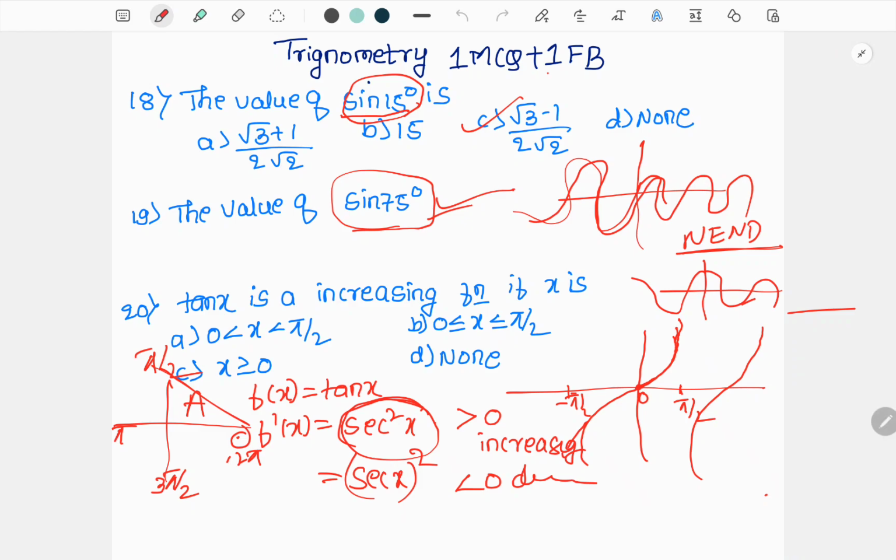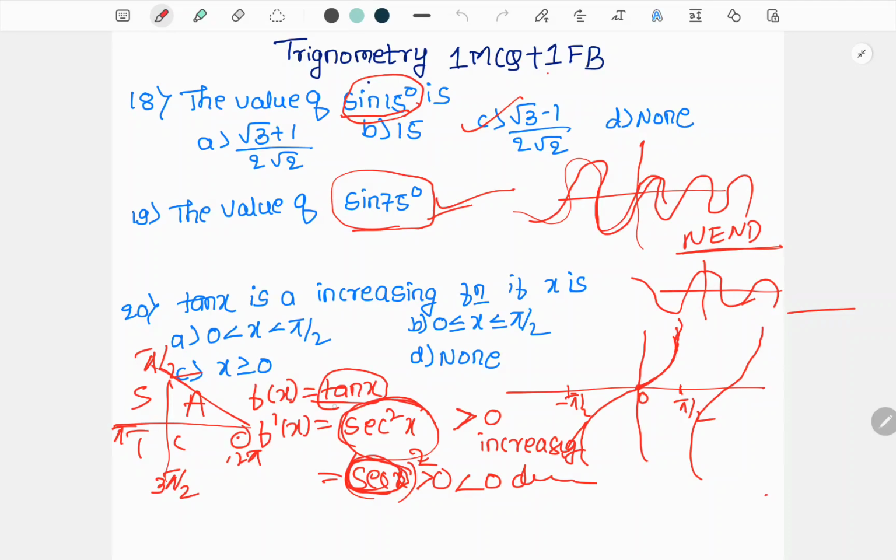And you may ask, sir, you told first quadrant it is increasing. What about the second quadrant? See, it is a square function, so the answer is always greater than 0. Positive you will get.